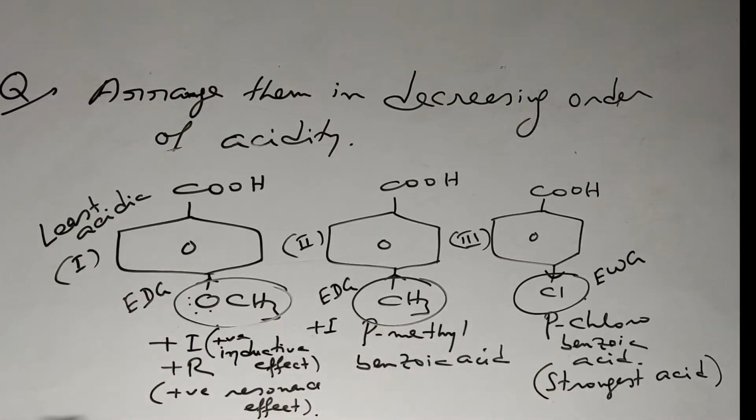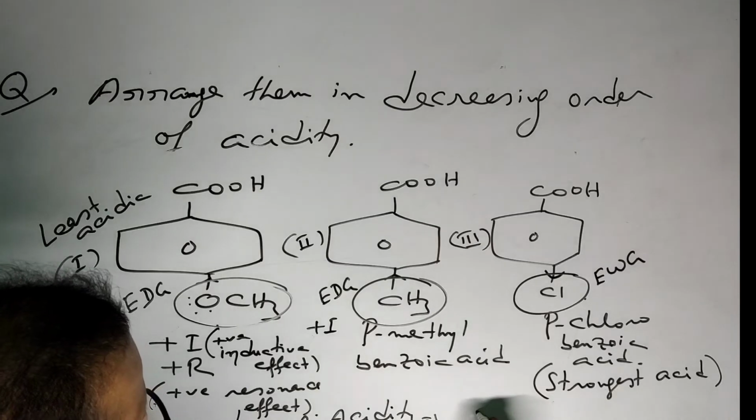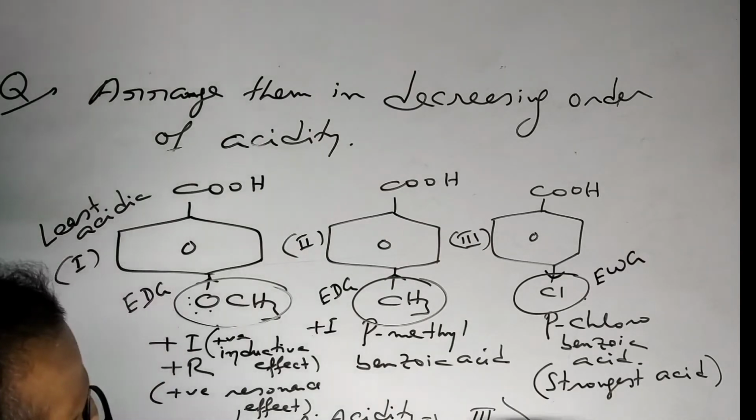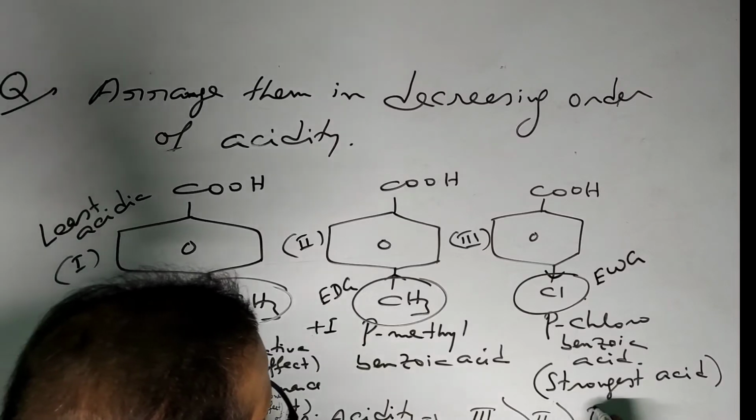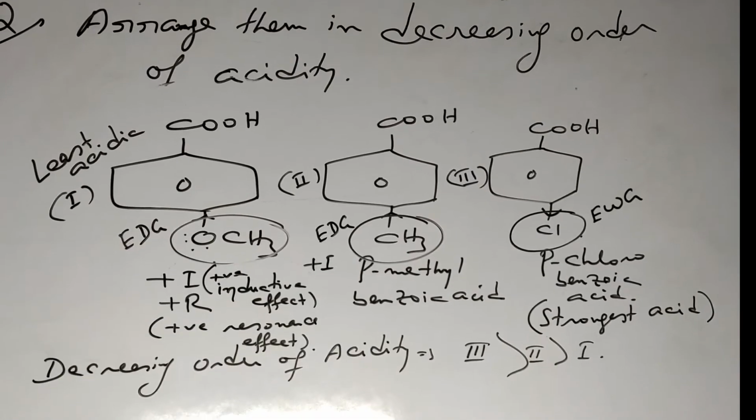So the decreasing order of acidity is 3 greater than 2 greater than 1. Clear? I think everyone is clear. 3 greater than 2 greater than 1.